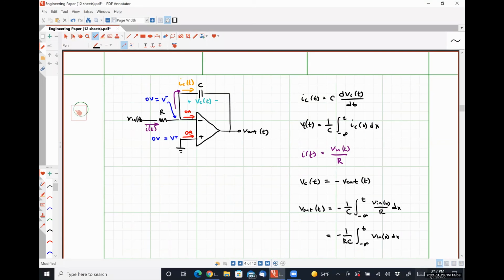So this guy, I didn't leave room at top, is an integrating amplifier. The output is simply a scaled version of the integral of our input signal.